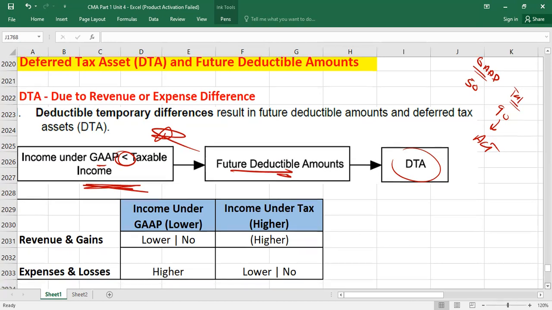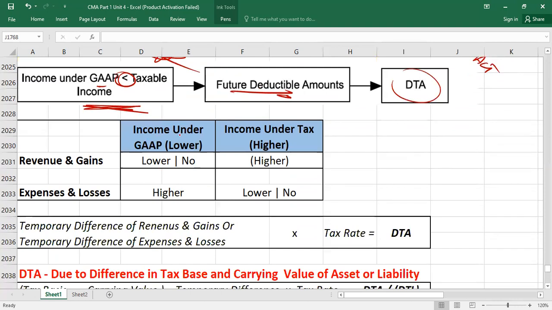And how will you calculate deferred tax asset? Now you have to remember how it is possible that GAAP income is lower and taxable income is higher. Again, there are two points: either the data will be relevant to revenue or to expenses. If it is revenue, you are recording less revenue or no revenue under GAAP, but you are recording higher revenue under tax, so automatically this scenario will be there.